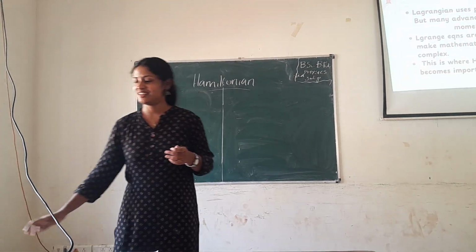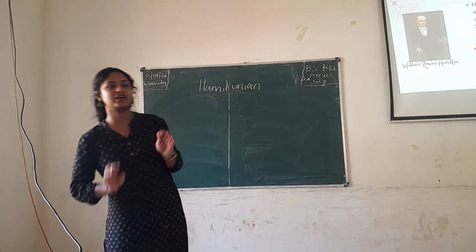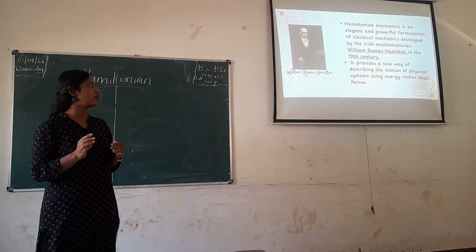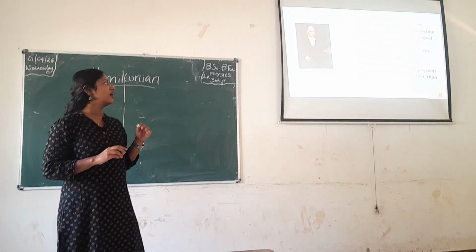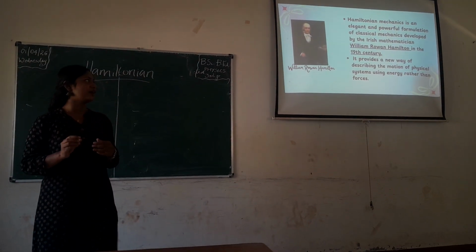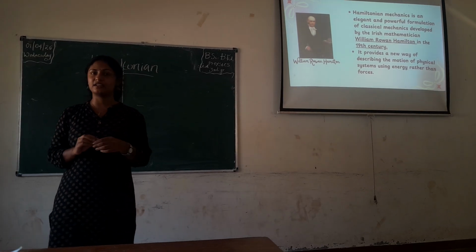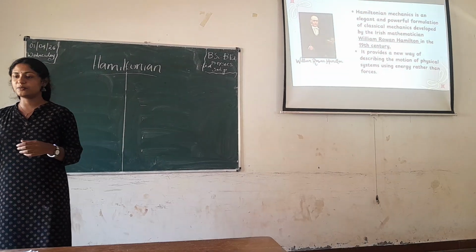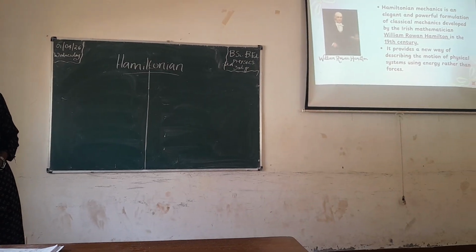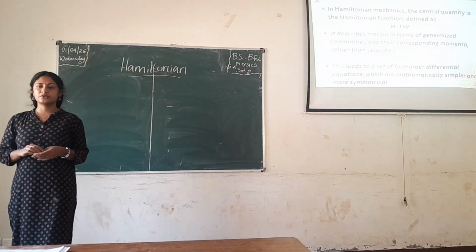Hamiltonian mechanics is an elegant and powerful formulation of classical mechanics developed by the Irish mathematician William Rowan Hamilton in the 19th century. It provides a new way of describing the motion of a physical system using energy rather than forces.